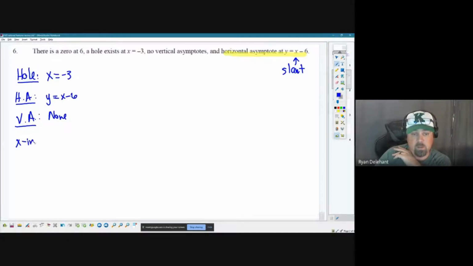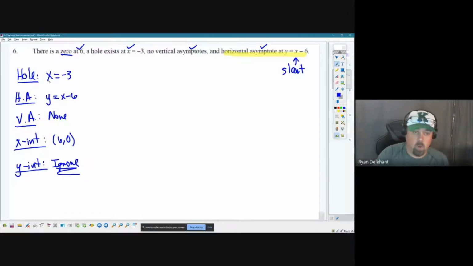X-intercepts, those are zeros. So there is 1 at 6, 0. So we took care of zeros. We wrote down the holes. There's no vertical asymptotes. There's no horizontal asymptotes. And notice that they leave out the y-intercept again. So since they leave it out, just ignore it.